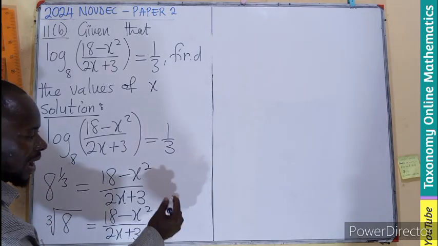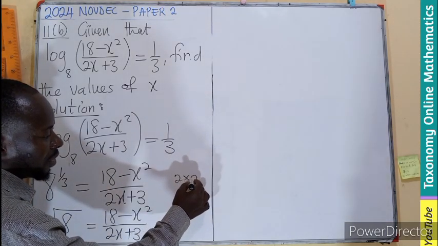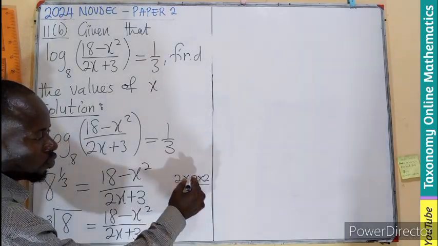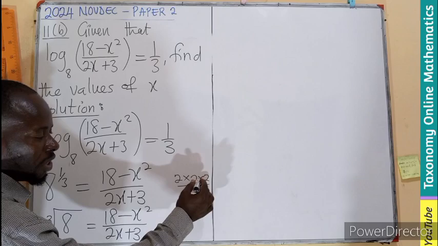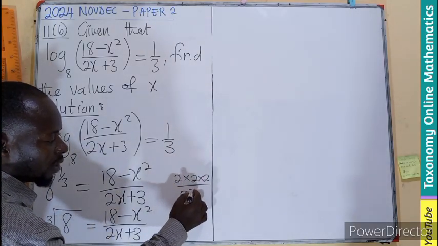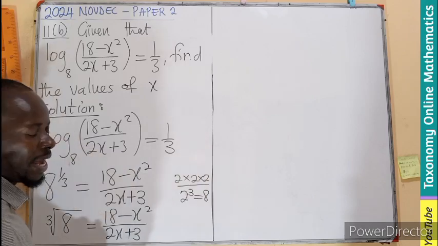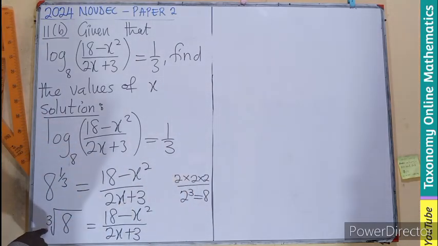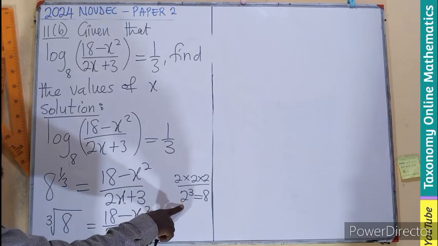Alright, what is the cube root of 8? You're looking for a number that multiplies itself 3 times. You know, 2 times 2 is 4, times 2 is 8, meaning 2 exponent of 3 is the same as 8. So we can say this is power 3, the cube root. The cube root will cancel this, giving you the whole of this to be only 2.